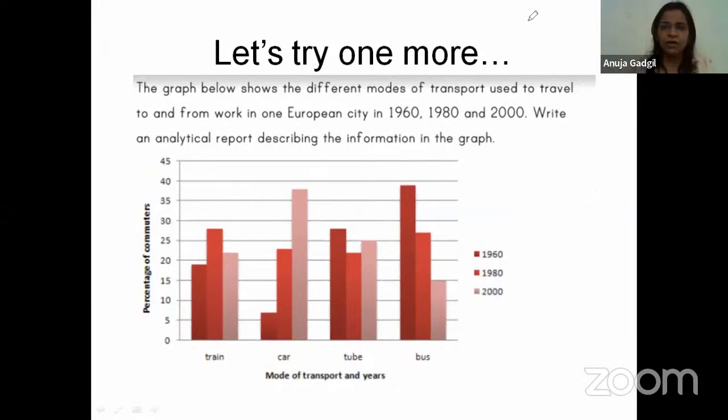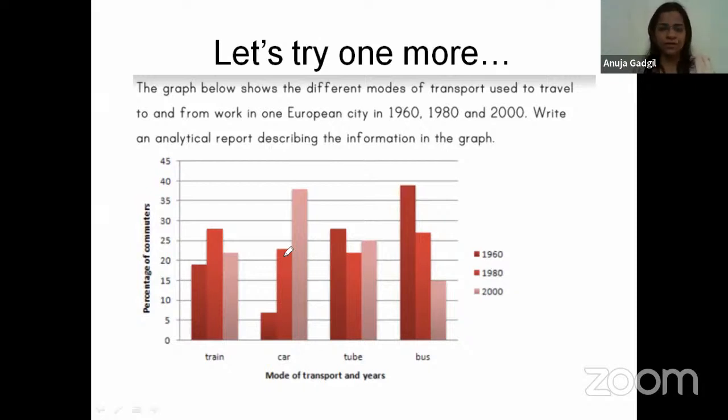And what will you write in conclusion? The given graph shows evolution in the modes of transport in the given years 1960, 80, and 2000.